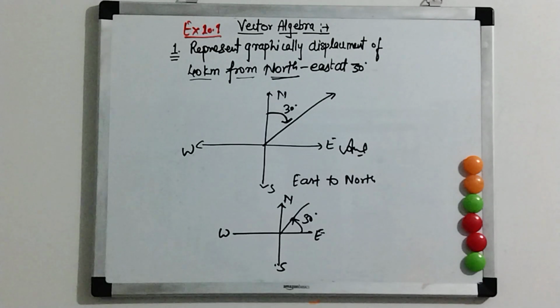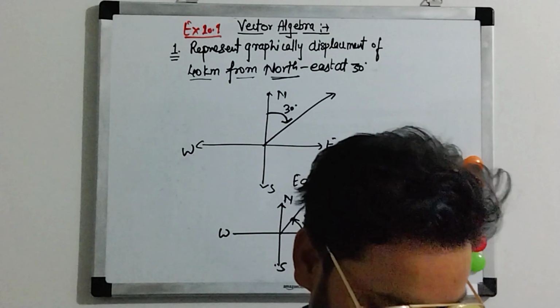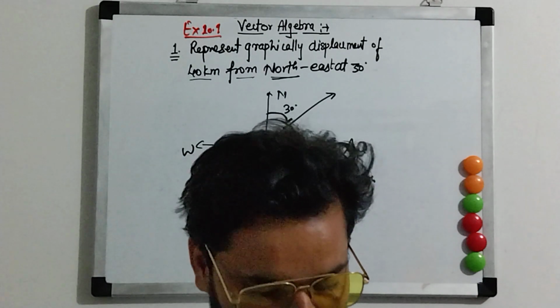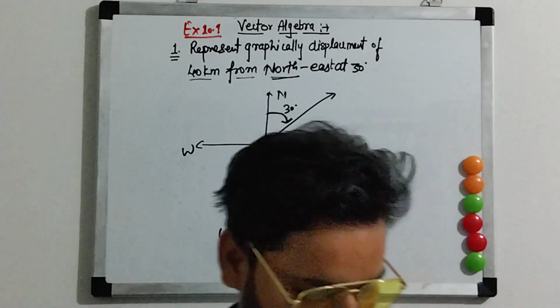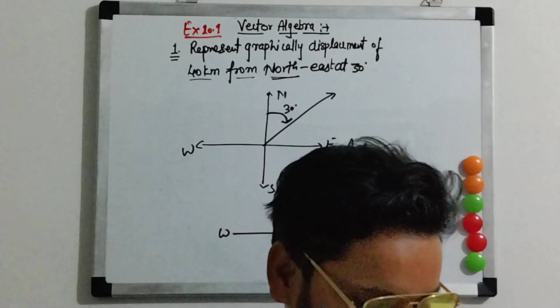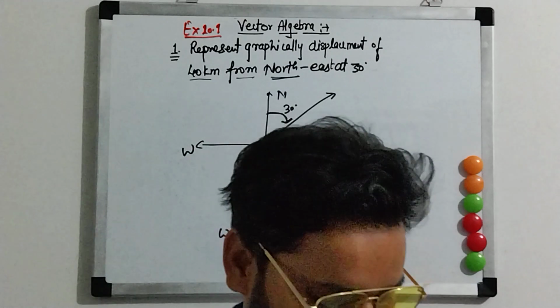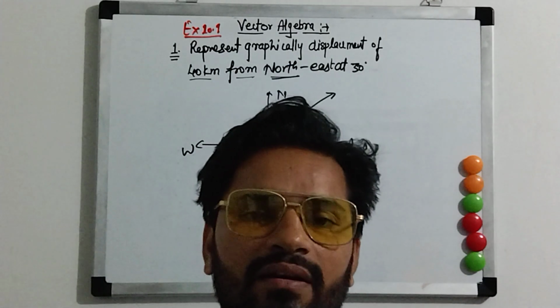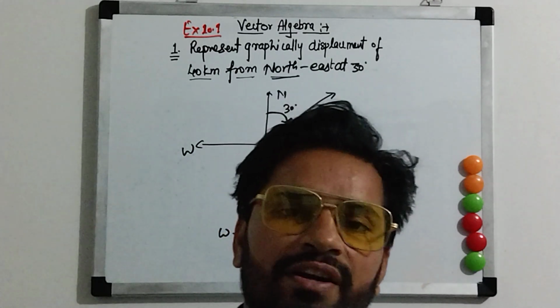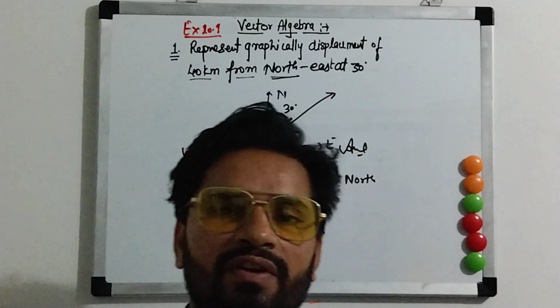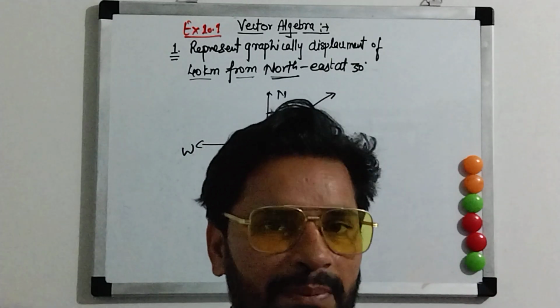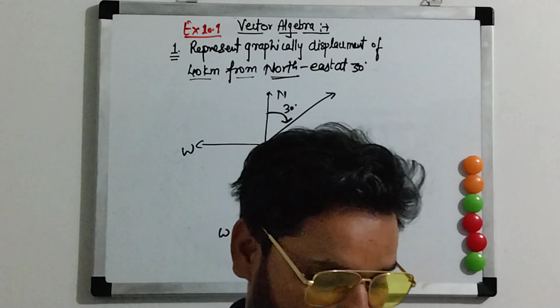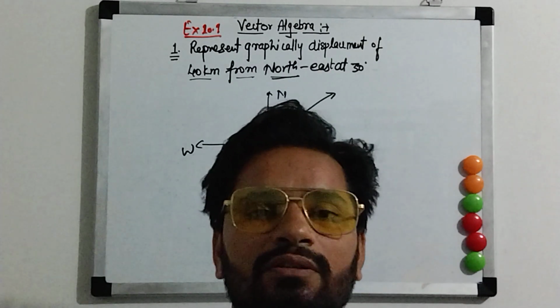Now in the second question, it is given that from the measurement, we have to tabulate the vector quantities and scalar quantities. Some quantities are given in question number 2, and we have to tabulate them in vector quantities and scalar quantities.